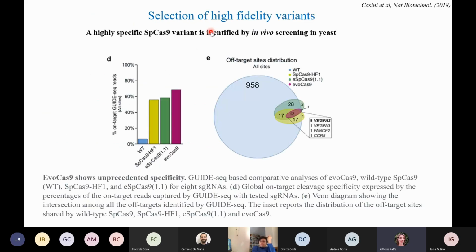Let's start with the high fidelity variants. What does high fidelity mean? High fidelity means that we want to select a variant of the Cas9 protein that has higher fidelity. That means it is only able to bind the target, with perfect pairing, but it doesn't bind when you do not have such perfect pairing.